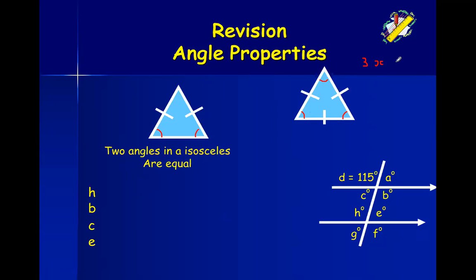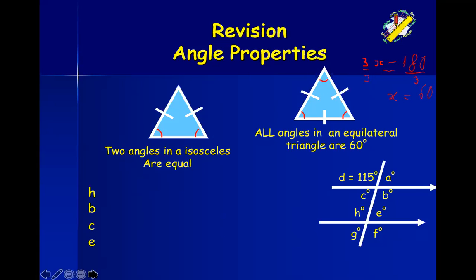X is 60. You just divide by 3 both sides, and that's you. X equals 60. So all angles in an equilateral triangle are 60 degrees. Whenever you see a shape like this, you know that every angle inside is equal to 60.